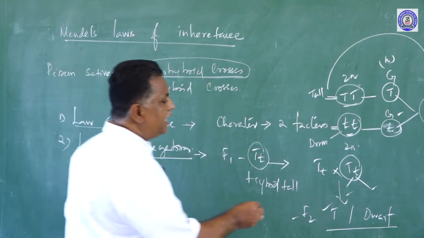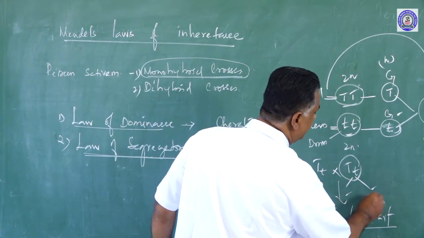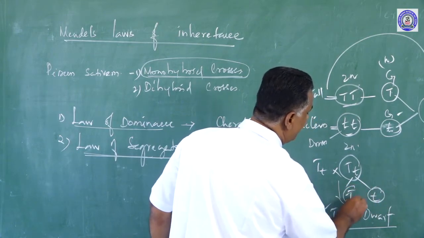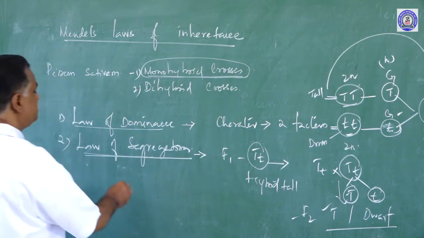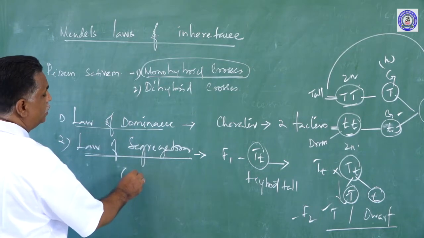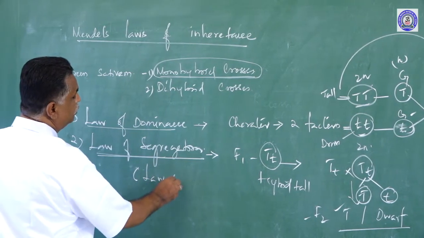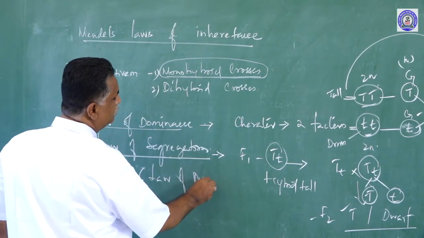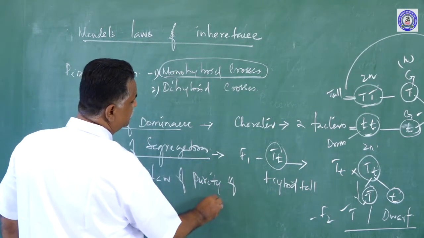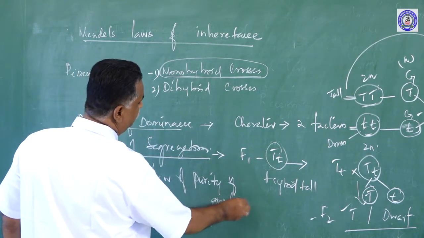And so, the gametes formed from the hybrid are always pure, either capital T or small t. So, the law of segregation is otherwise called law of purity of gametes.